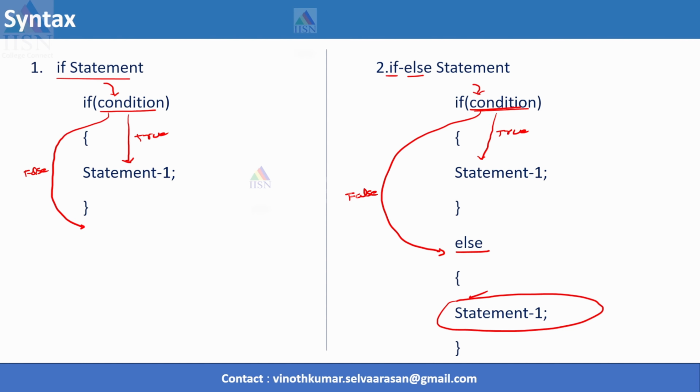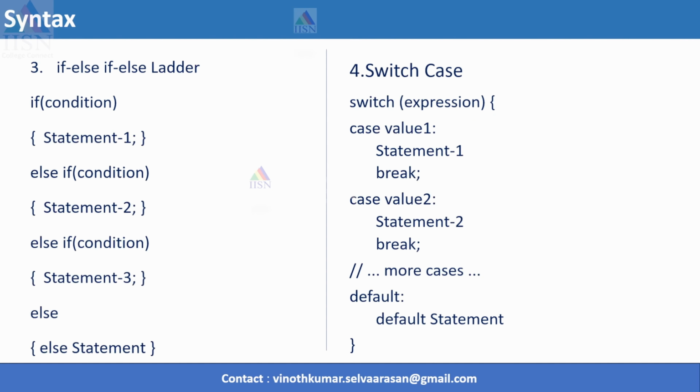Let's move to the next type. The next one is the if else ladder. For the syntax of the if else ladder, first here is the condition, and the given condition is checked. If the given condition is true, it executes the block of statements inside, and then it moves out.